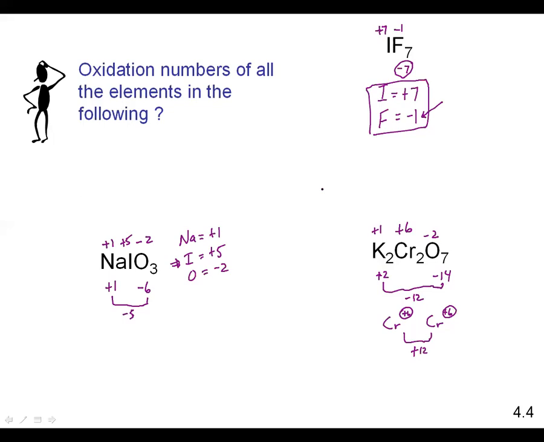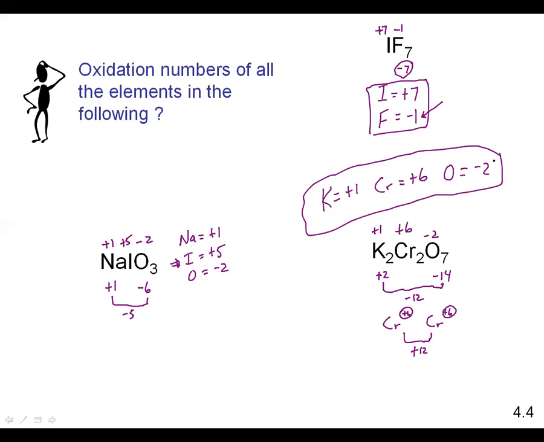So again, we don't want to give the total adding up there. Potassium +1, chromium only +6, not +12, and oxygen -2, not -14.